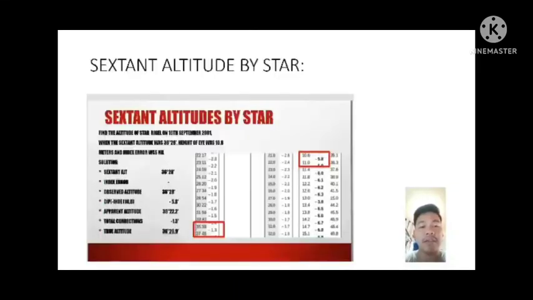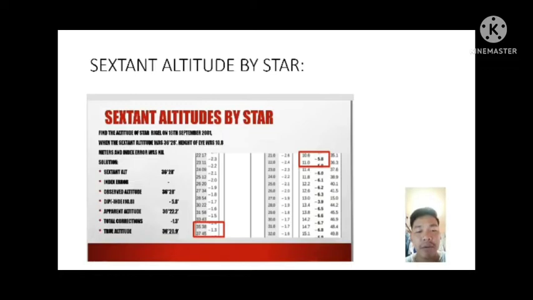Sextant altitude by star. Find the altitude of the star Rigel on 16 September 2001 when the sextant altitude was 36 degrees 28 minutes, the height of the eye was 10.8 meters, and the index error was nil. The sextant altitude was 36 degrees 28 minutes, and there's no index error. The observed altitude was the same as the sextant altitude, 36 degrees 28 minutes, and the dip for height of eye was negative 5.8 minutes.